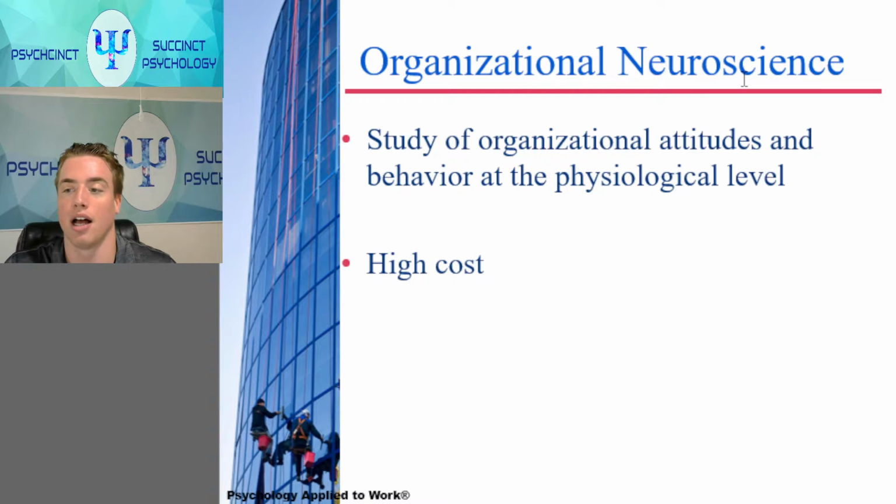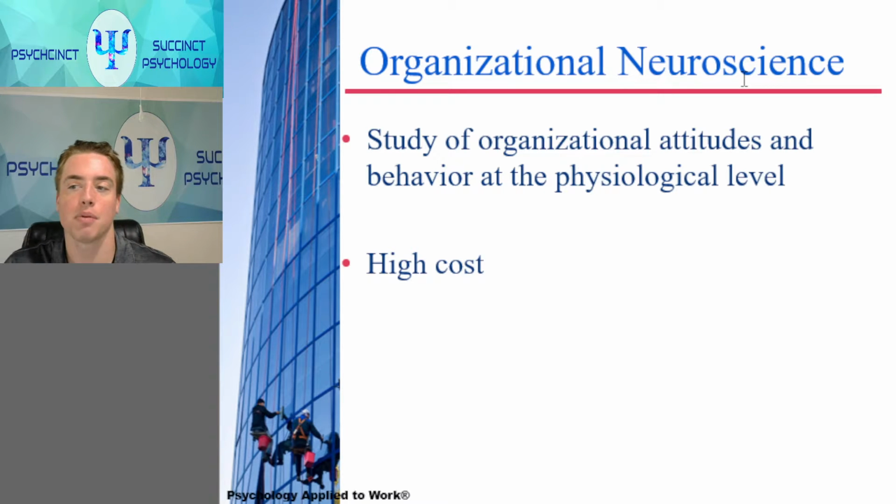Examples of techniques for studying attitudes and behavior at that physiological level are structural magnetic resonance imaging, or MRI, for identifying brain structure; functional magnetic resonance imaging, or fMRI, for brain activity; and electroencephalography, I think that's how you say it, or an EEG, for a brain's electrical output.